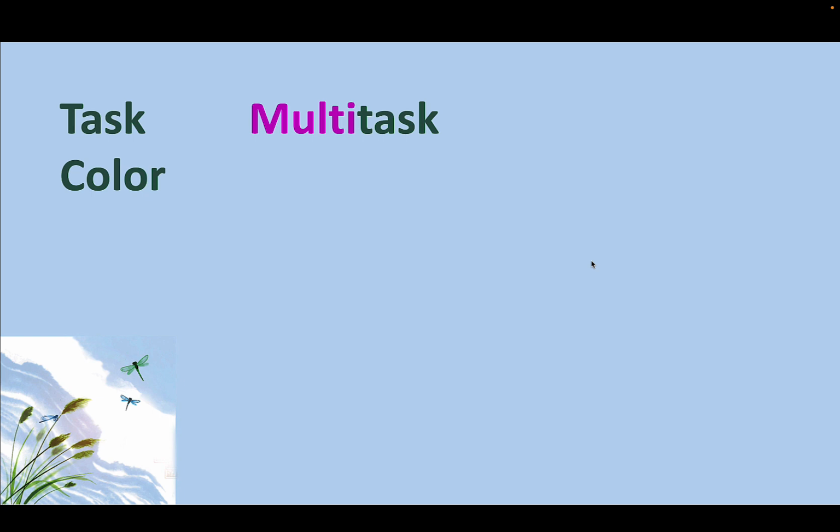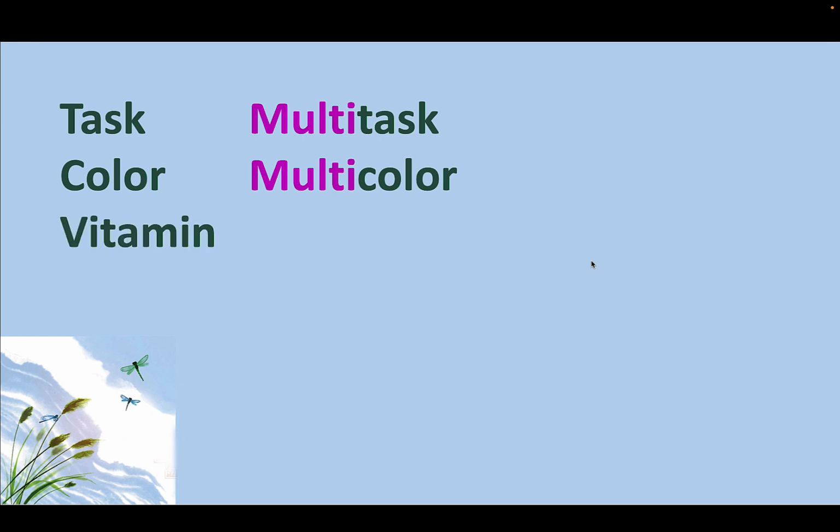Color. Well, we think of color usually as one solid color. We can talk about that, but we can say something is multicolor, has more than one color. A vitamin can be just one type, vitamin C, for example, but you can also buy multivitamins that has A, B12, C, and many other vitamins as well.